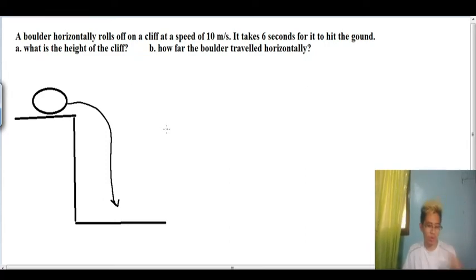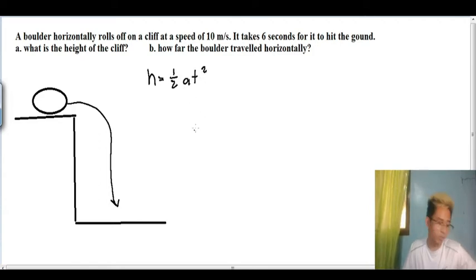To determine the height of the cliff, we use the formula height is equal to 1/2 at squared. If you watched my video earlier, I discussed how I came up with this formula, 1/2 at squared, to determine the height of an object.